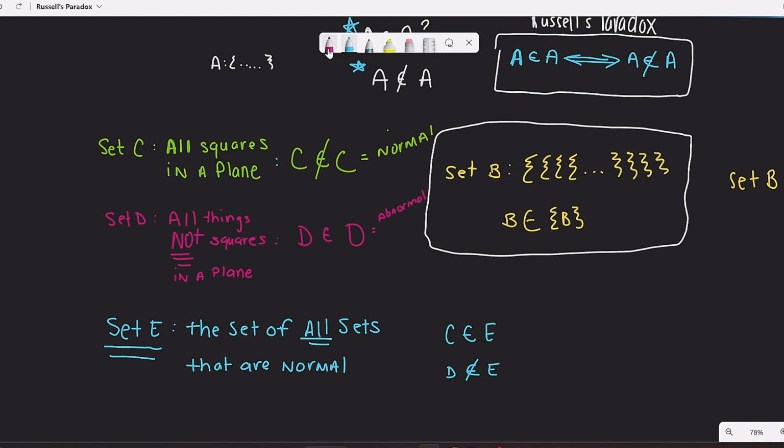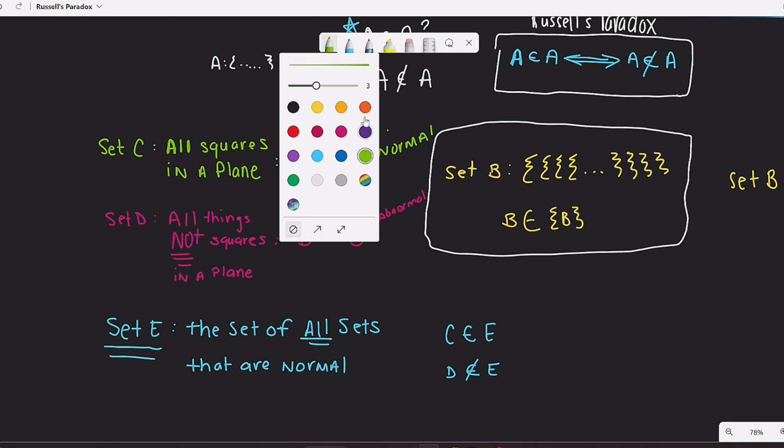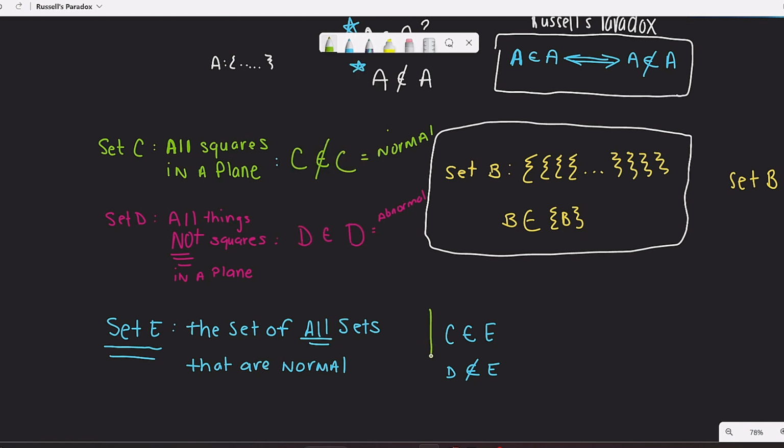But because this is normal, E is a normal set that contains all normal sets. So this tells us that E, in fact, is a member of set E. It is a normal set, which is a member of the set of all normal sets.